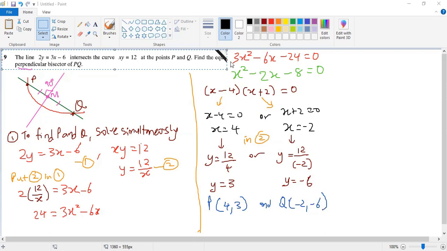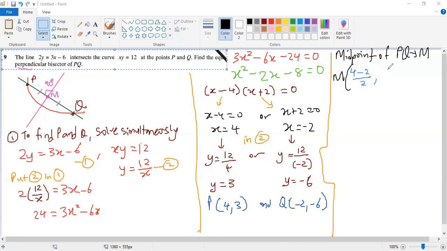Now that we found the points, we need to find the equation of the perpendicular bisector. One of the key points is we must find the midpoint and the gradient. So two things to go about. Let's find the midpoint of PQ, call it M, by averaging. The x coordinate is 4 minus 2 over 2, and the y coordinate is 3 minus 6 over 2.